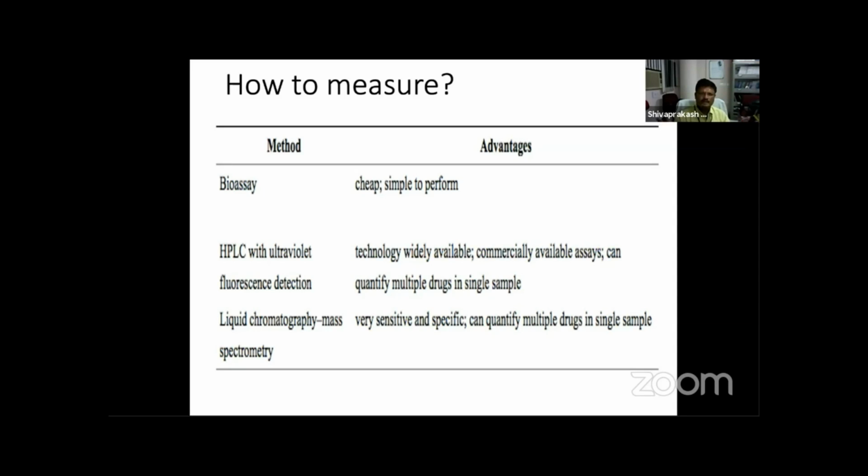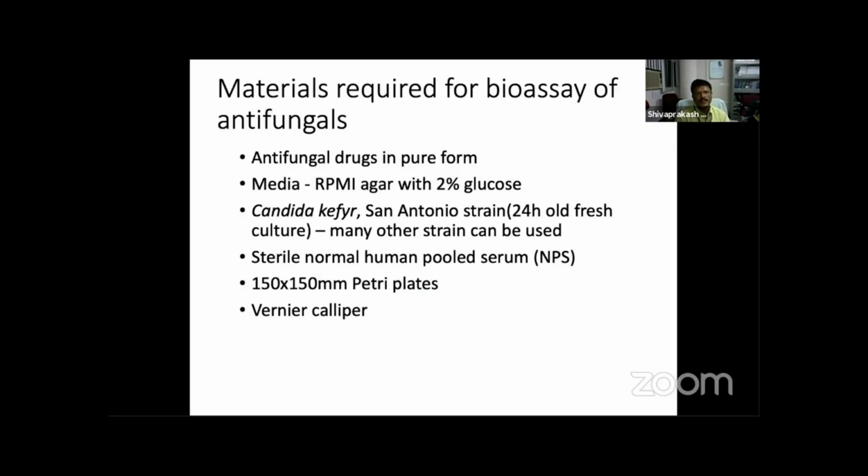Only big research labs have these kinds of instruments and it is very difficult. So I can tell you that bioassay is a very important thing, and I'll come to the results. We also performed the bioassay. We used to do bioassay about 10 years back before getting this HPLC machine ourselves.